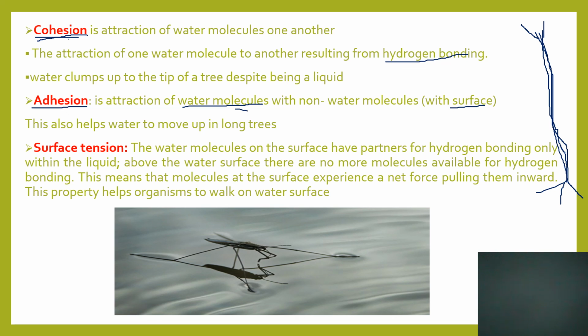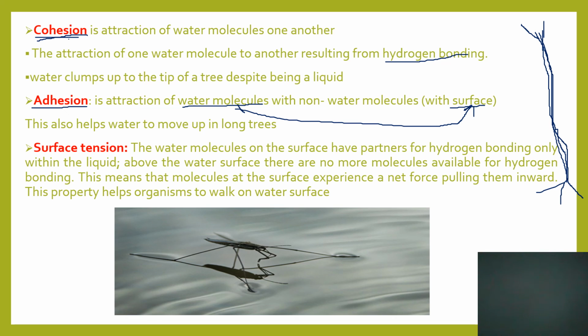This is the attraction between a water molecule and a non-water molecule or surface, meaning water moves up from the root to the leaves of a plant through xylem. Therefore, the xylem wall is attracted to the water molecules. This helps water to move up. With the cohesion as well as adhesion forces, water can move up in tall trees.